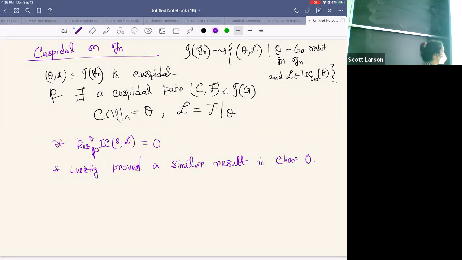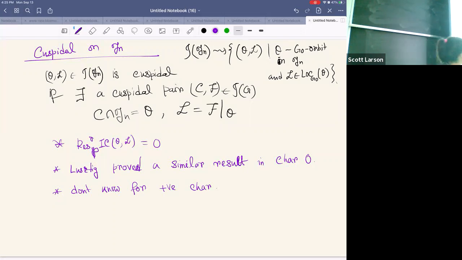Probably we can do some modification, make it a restriction functor and prove that it is true for characteristic 0, but I still don't know if it can be proved in positive characteristic.